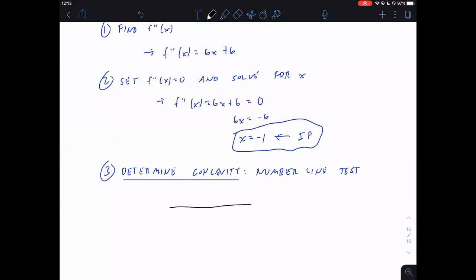So once again, we draw a number line, but in this case, on this number line, we draw the inflection points that we found from the second derivative. Meaning here we're going to draw first negative 1. And just like we did before, pick a test point before, between, and after the possible inflection points that you found from the second derivative.